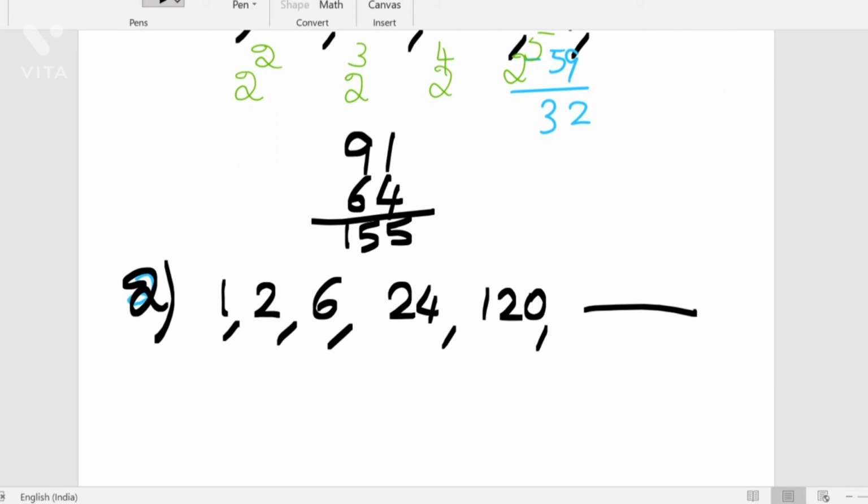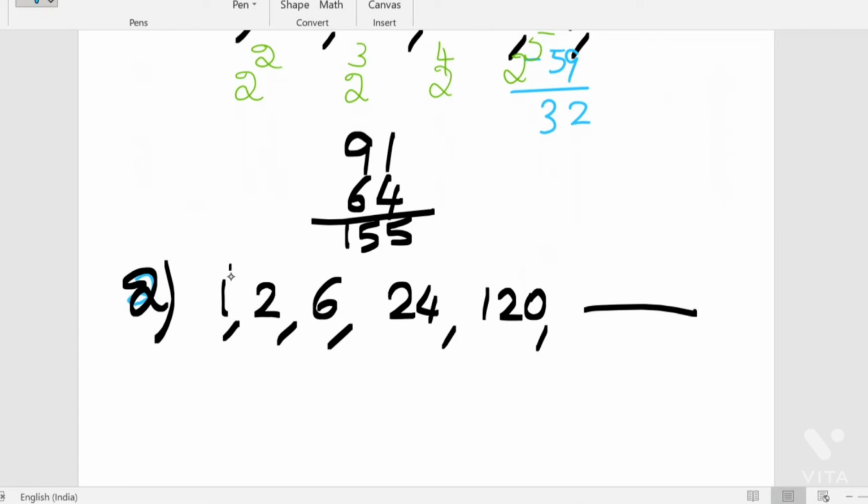We can't understand it without understanding the relation between the other given numbers. 1 to 2, the difference is 1. But 2 to 6, the difference is 4. The next difference is more, so the relation is not subtraction. If you are getting a series of numbers increasing without any regularity, that means something is multiplication or division, and you should have an idea of that before finding the relation.